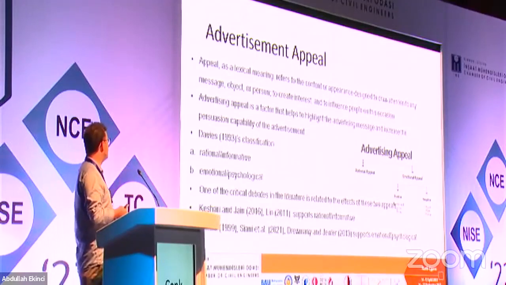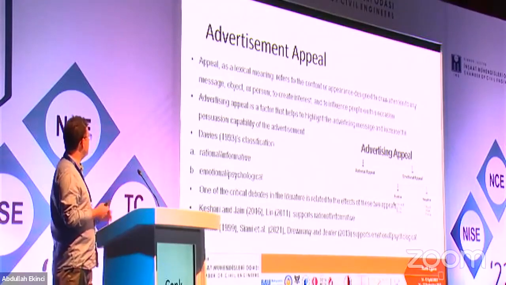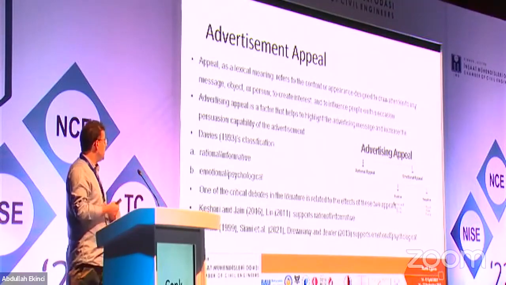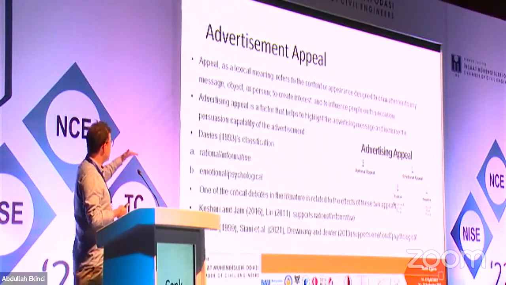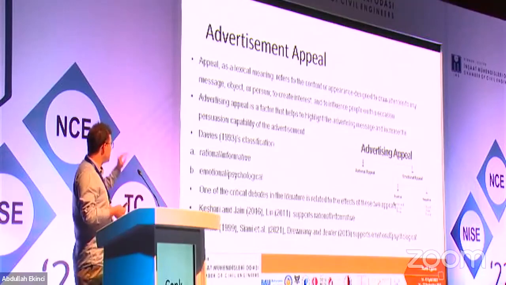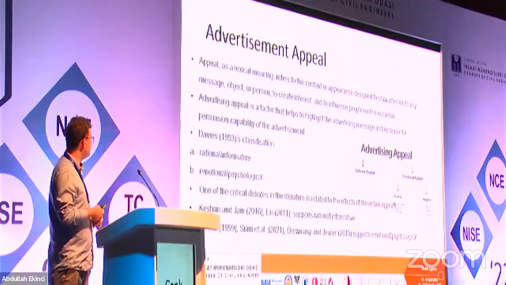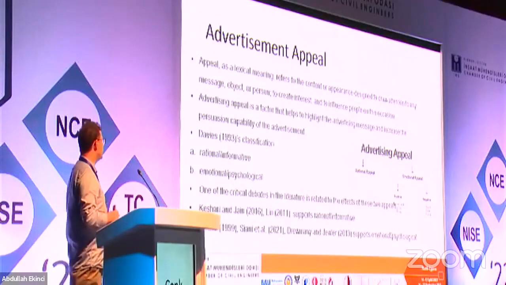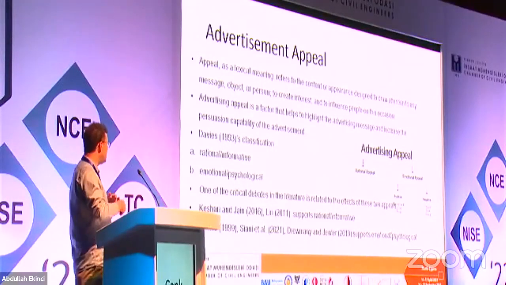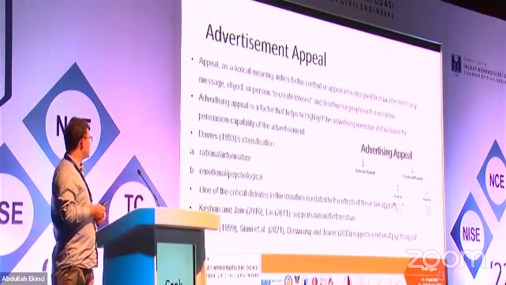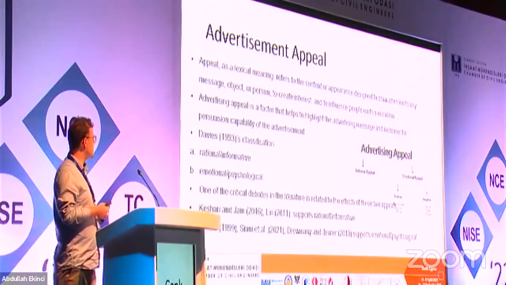There are different classifications for advertising appeal. One of the popular ones is Davis classification. According to Davis, there are two main categories. The first one is rational, the other one is emotional. There are also subcategories of these main categories, but in this study we focus on these two main categories. When we check the literature, we can see that there are different proposals about the effect of these appeals.